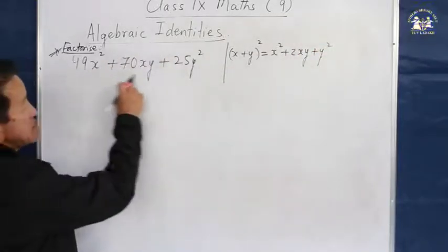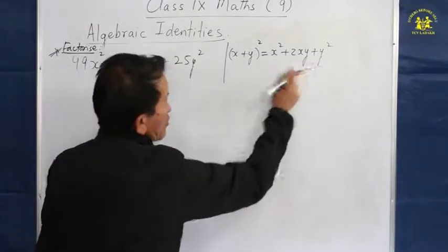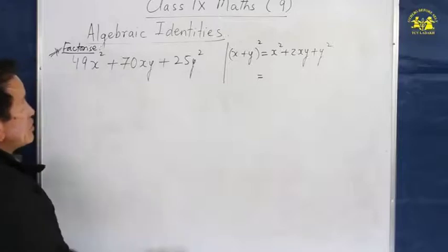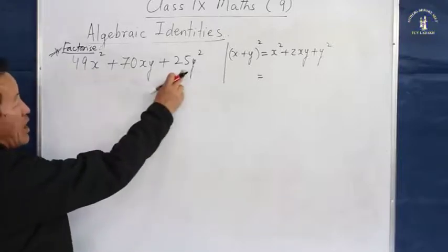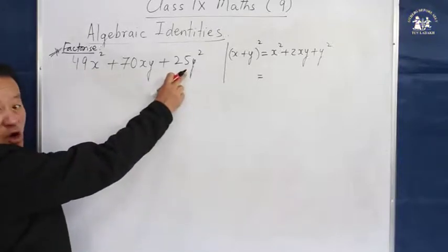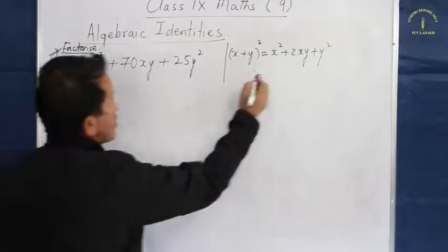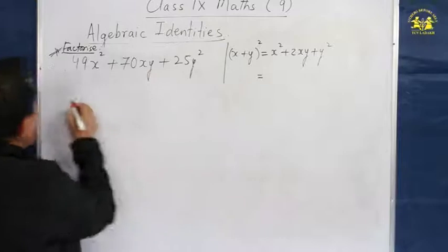Now this is in this form. So let's see whether these two are the squares of two given numbers. We'll find that 49 is the square of 7.